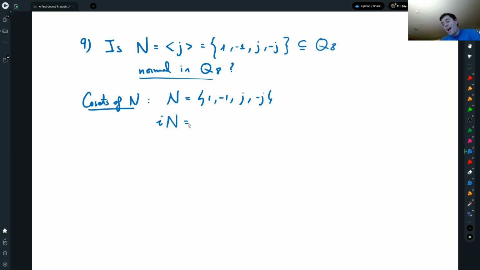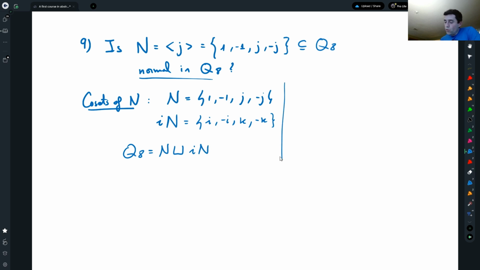If I multiply by I, I get I, minus I, I times j is k, and I times minus j will be minus k. And those are all. So that tells me that Q8 is actually the disjoint union of N and iN, like that.